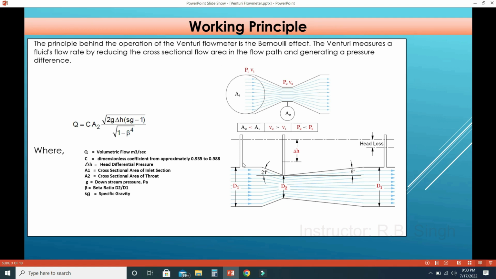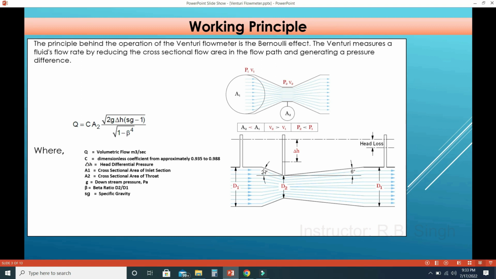Upstream tapping can be here, so we can measure the upstream pressure from here and downstream pressure we can measure from here. This is the cylinder part and this is also cylinder part. This section is called reduced part. This is also reduced part.